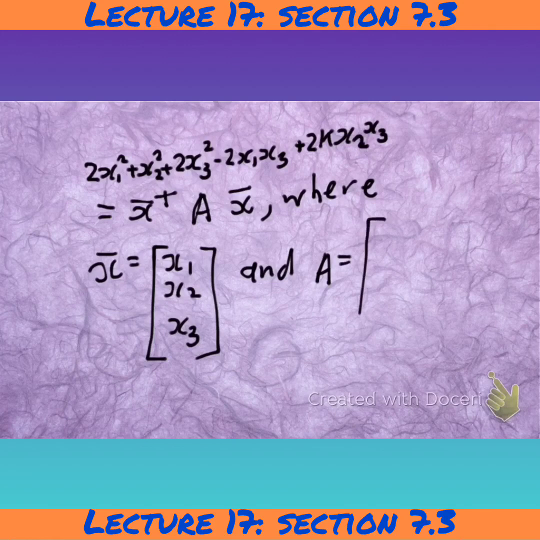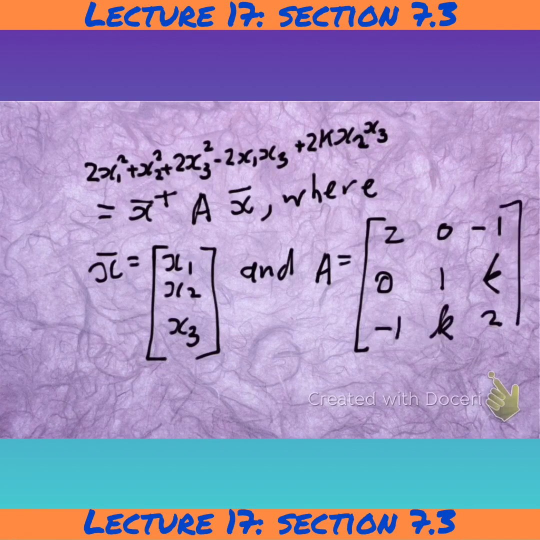A is a symmetric matrix, and it must look like that, which is easy to determine. It involves looking at for which values of k A is positive definite.